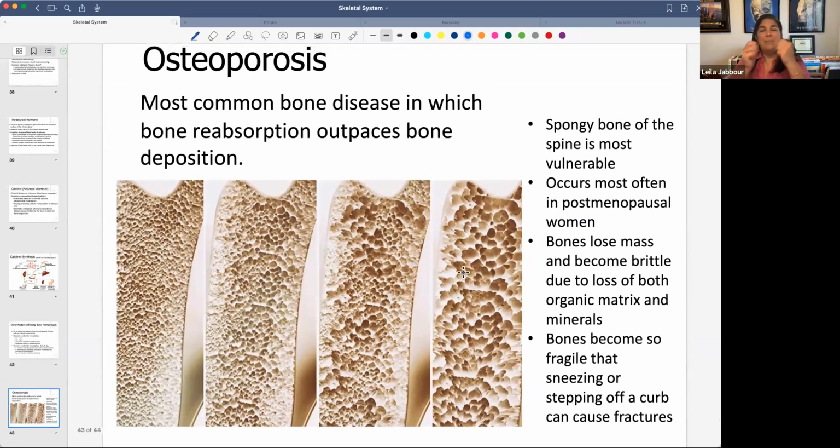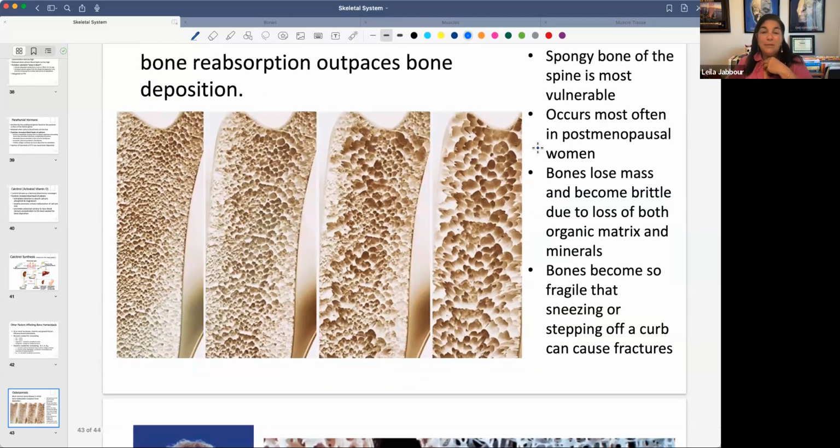The lamellae are fewer, and there are more spaces in the spongy bone. Bone resorption outpaces bone deposition. That's why weight bearing is so good for bone deposition, right? That weight increases bone thickness, and it helps avoid osteoporosis.